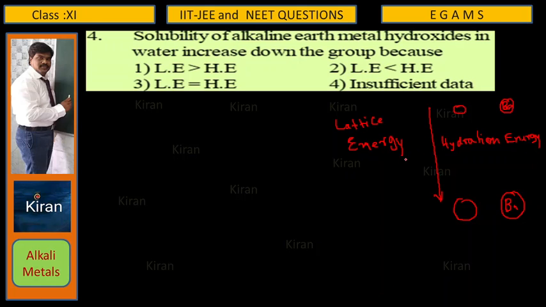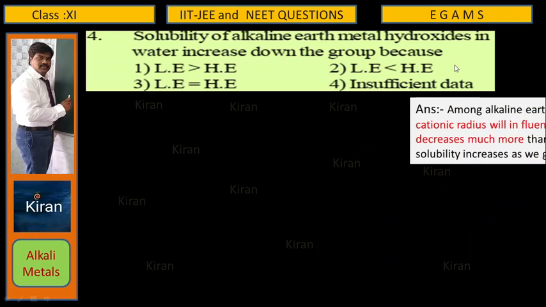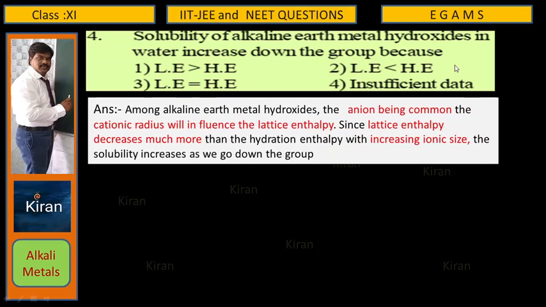In comparison, lattice energy and hydration energy, which will decrease more? That is the question here. So lattice energy decreases slightly more comparing with the hydration energy. So the right option is the second one. Among alkaline earth metal hydroxides, the anion being common, the cationic radius will influence the lattice energy.